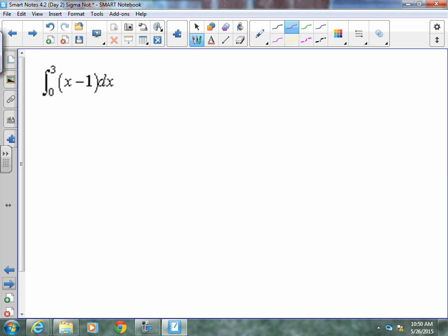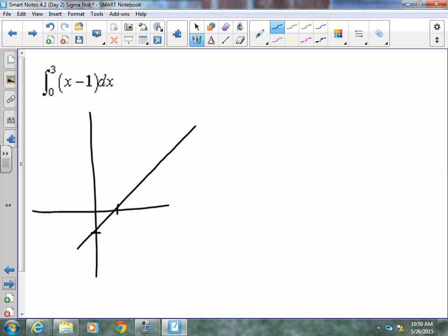Next one, x minus 1. Well, x minus 1 is a line that looks like this. Crosses at -1 with a slope of 1. And we want the area from 0 to 3. So we're talking about this area and this area.